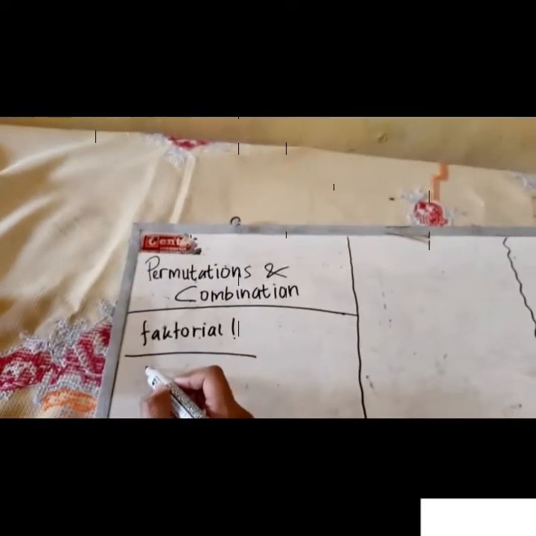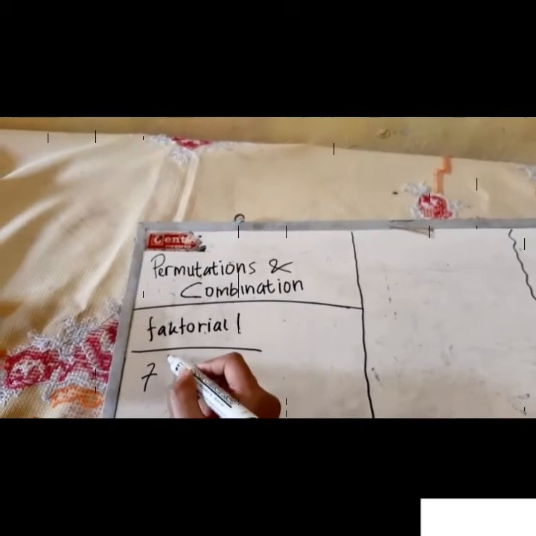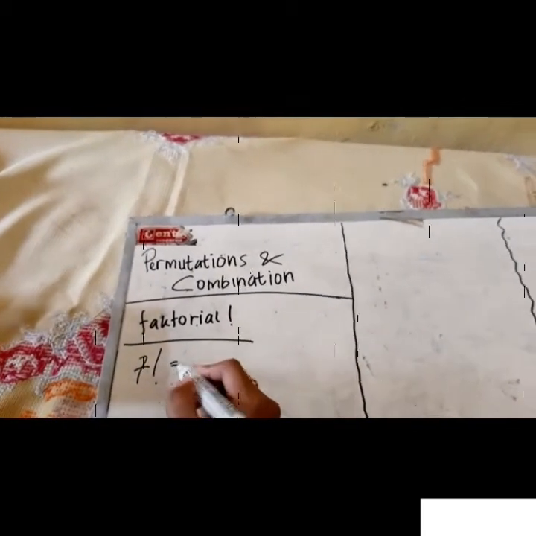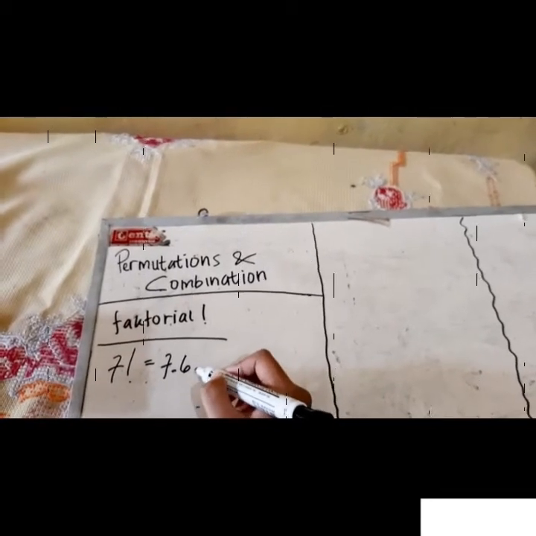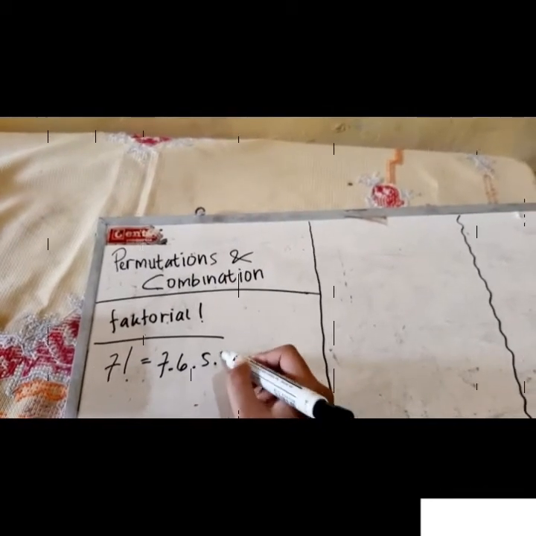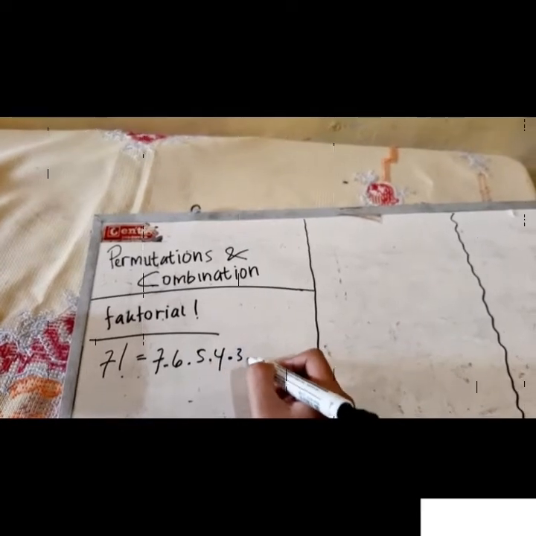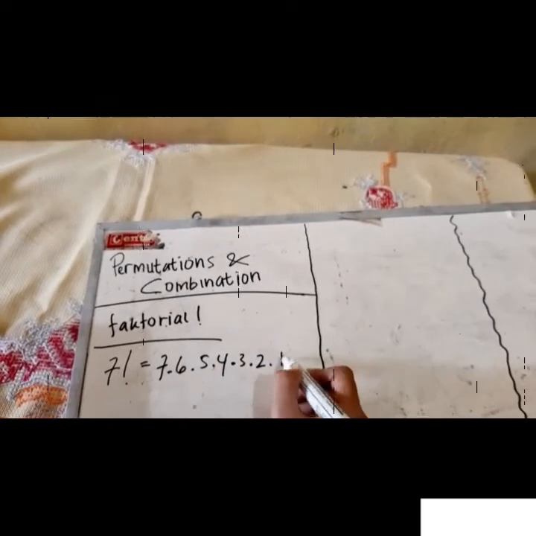Example: 7 factorial means 7 times 6 times 5 times 4 times 3 times 2 times 1.